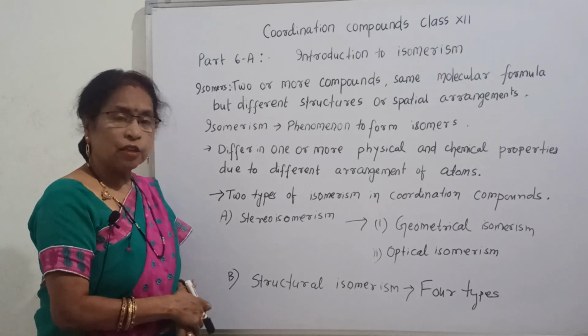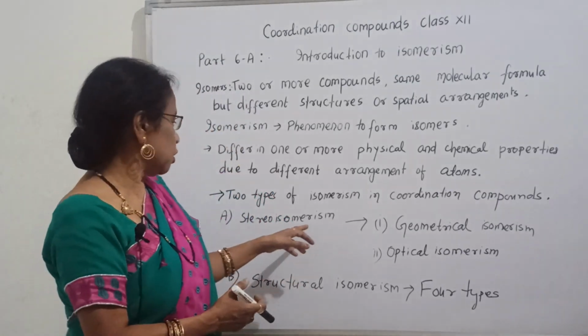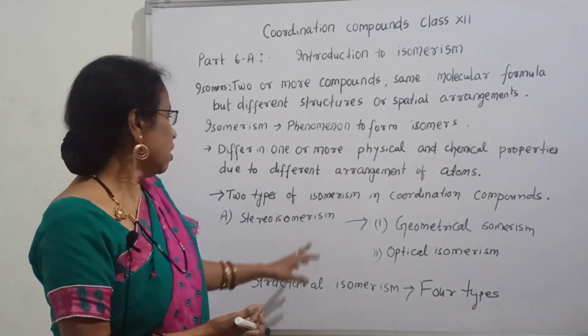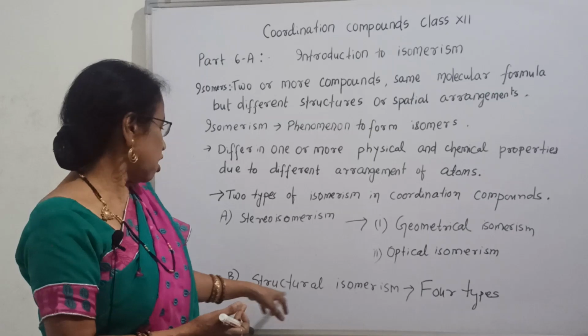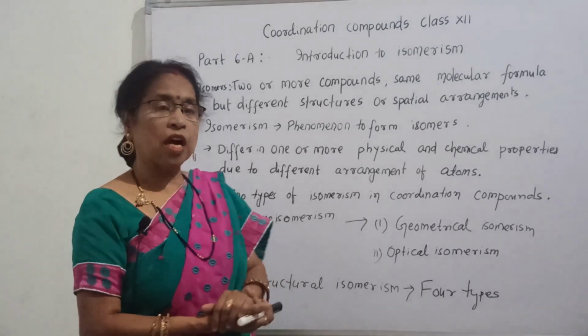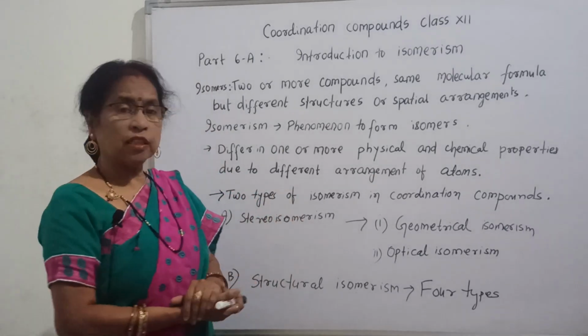There are two types of isomers in coordination compounds. In organic chemistry also there are two types of isomerism. One is structural isomerism, and the other is stereoisomerism.